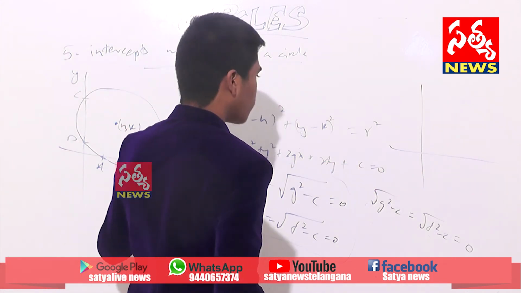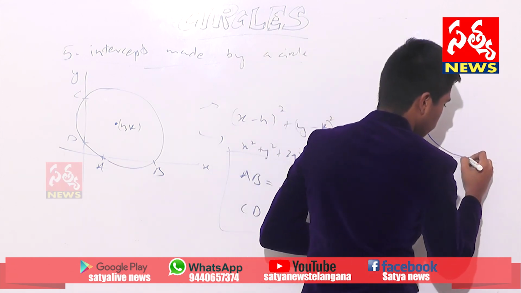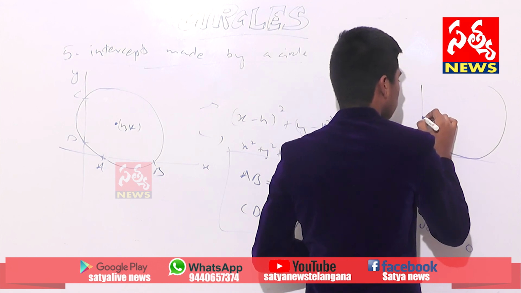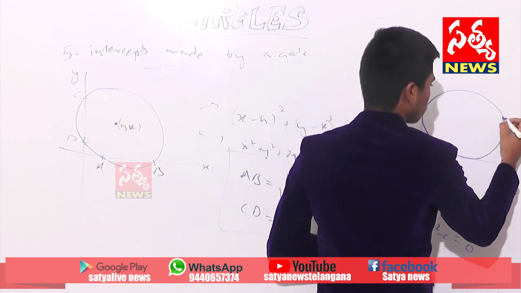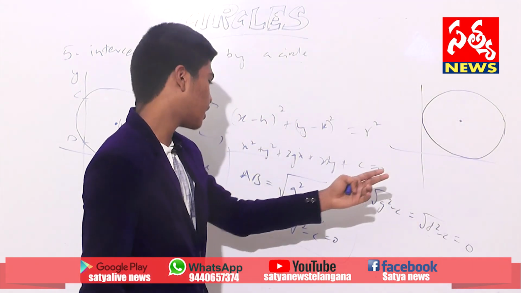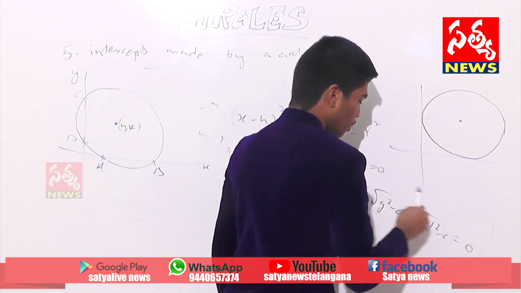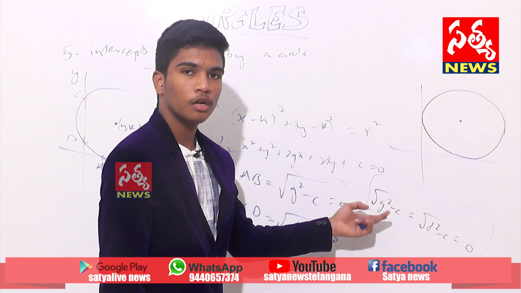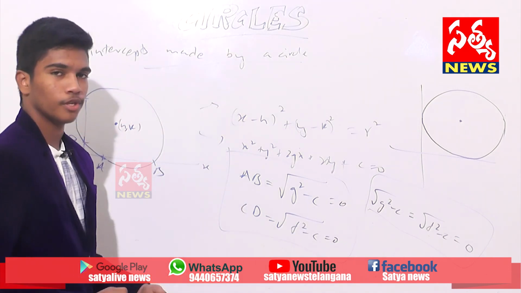Only when these lengths are 0 does the circle touch the coordinate axis. Okay, this is a circle for the condition where all the intercepts are 0, or root of g square minus c equals root of f square minus c equals 0.